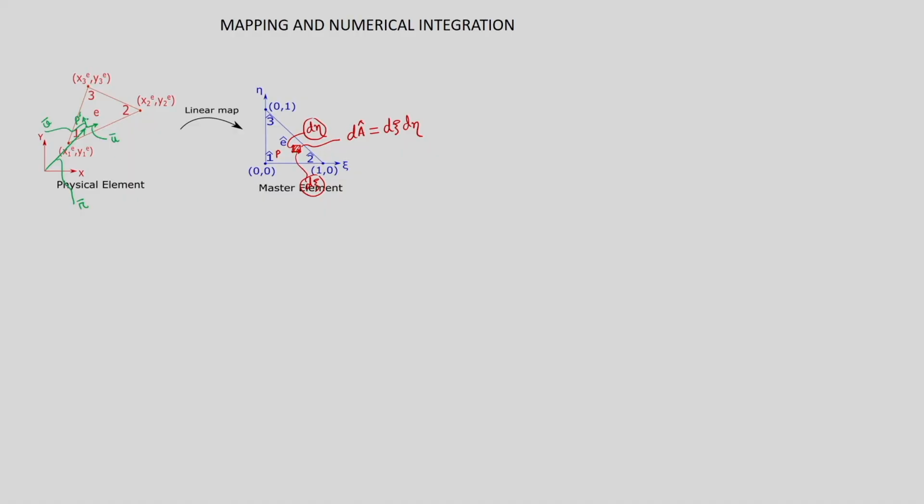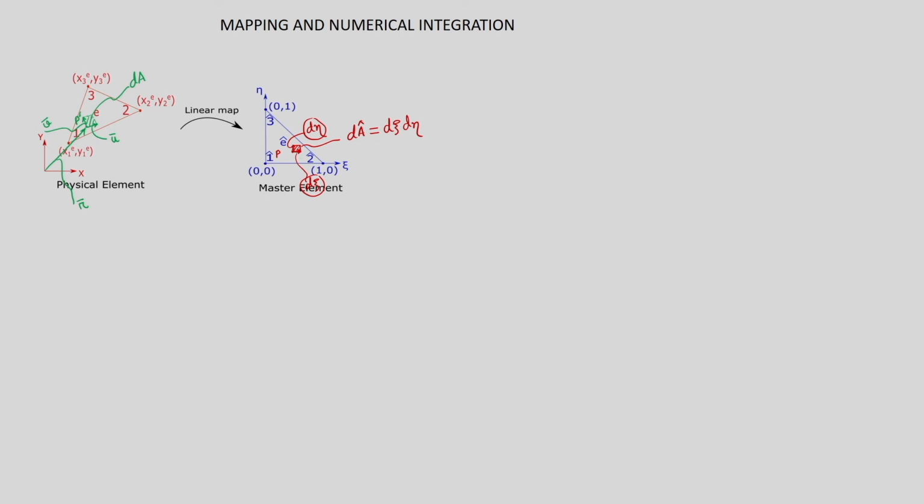Now the area, if I denote it as dA, we have to relate this dA with dA hat. So, u bar has been mapped from d xi and v bar has been mapped from d eta.